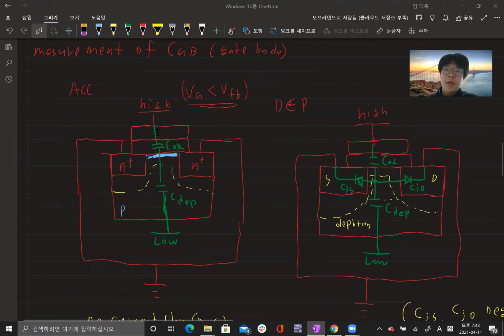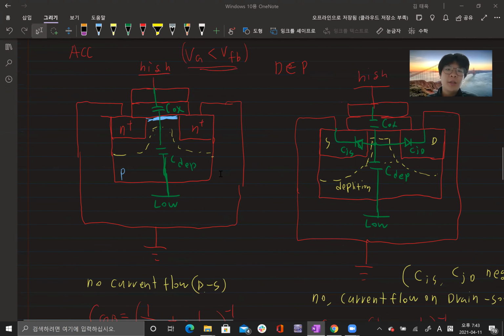We give a higher voltage on the gate and a lower voltage on the body. So in here, the whole channel is induced by the accumulation stage. So there will be an oxide capacitance, also a depletion capacitance.